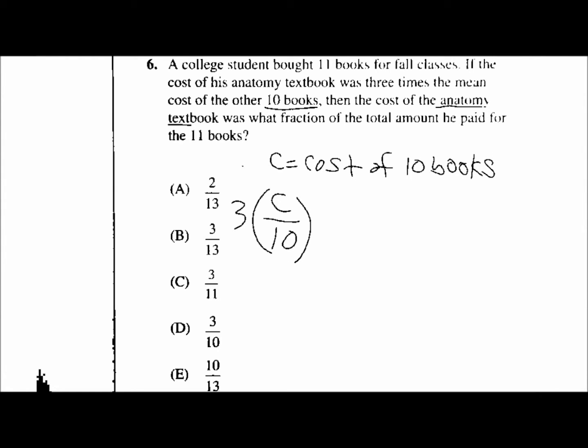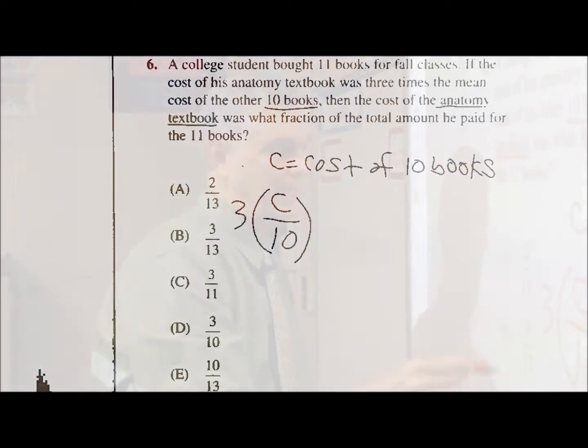But we need to find out what the total cost is, because we want to know what fraction of this total cost. So how would we find the total cost?